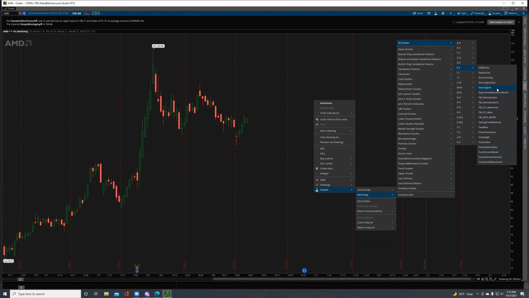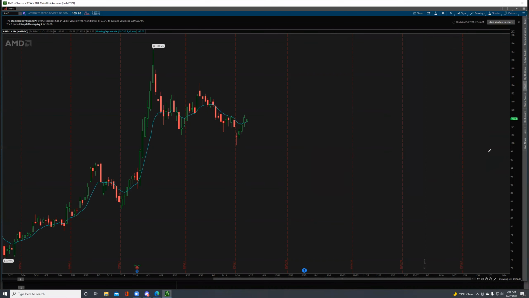Let's see. We have so many. This is one thing about Thinkorswim, it's not very specific when it comes to moving averages. On most other brokerages you would see it under the E, but you just have to find it. So this is our first example.